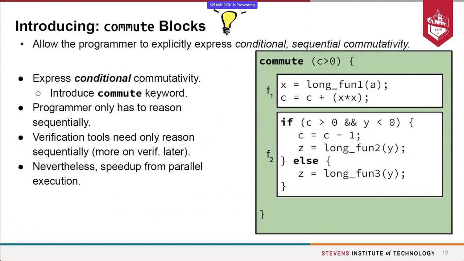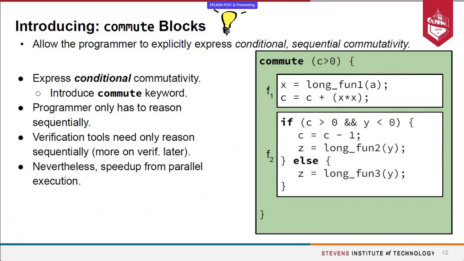So the idea here is that we propose a new language construct, which is going to allow the programmer to express conditional sequential commutativity. By this, we mean conditional in the sense that they don't always commute, but if some predicate holds true, they will. And sequential in that we're only reasoning discretely about the first block happening and then the second, or the second and the first, and not interleavings.